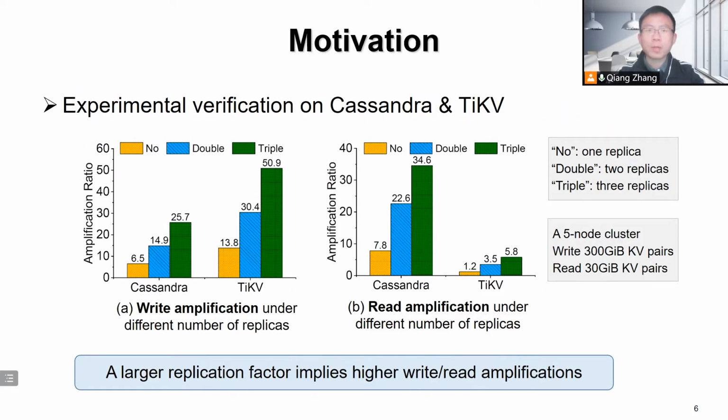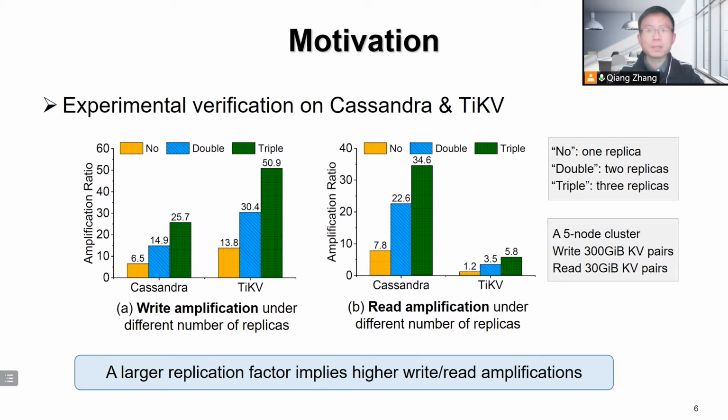We also carried out experimental verification on Cassandra and TiKV. We deploy Cassandra and TiKV on a 5-node cluster with their default settings. We configure a client to write 300 GB of KV to the cluster, then read 30 GB of KV.